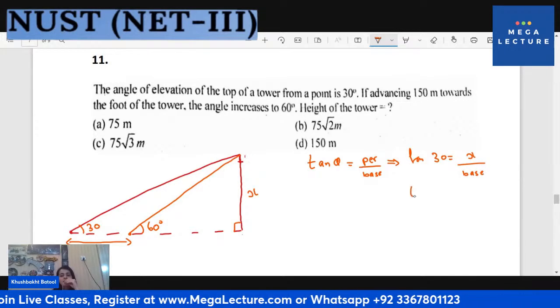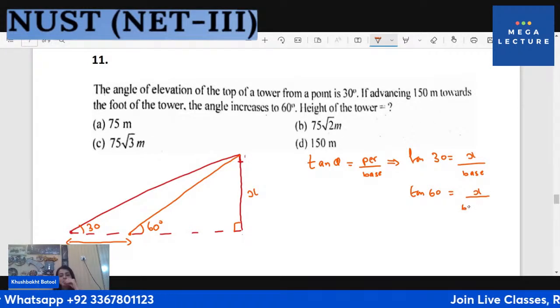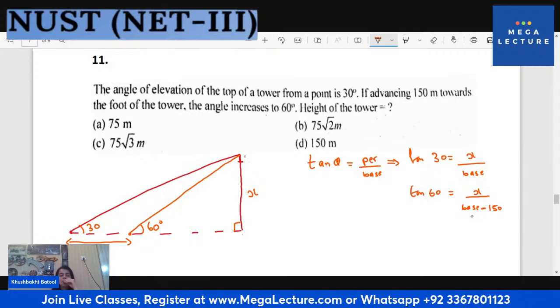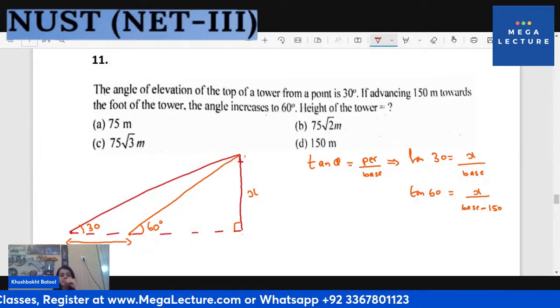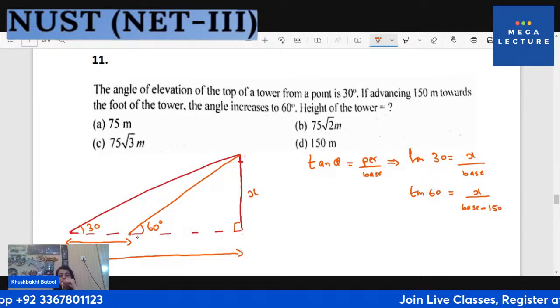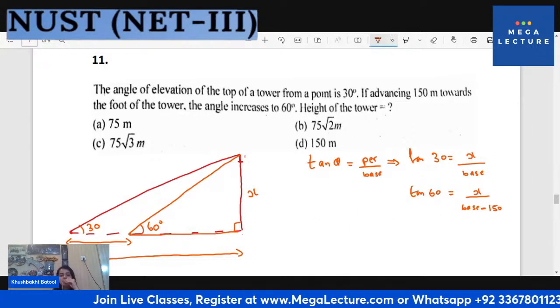And then similarly, tan 60 is equal to x divided by the original base minus 150, because we know that the original base is this length, and when I subtract 150 from it, I get this length. So now I can equate both the x's.